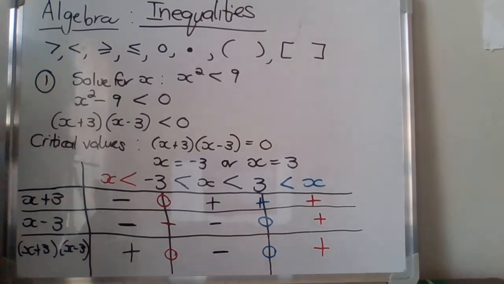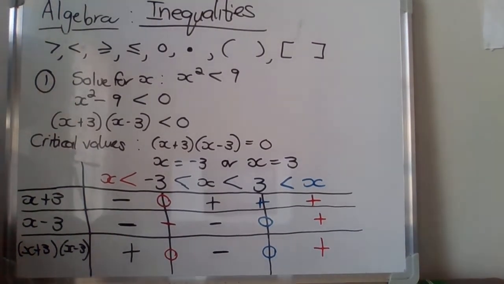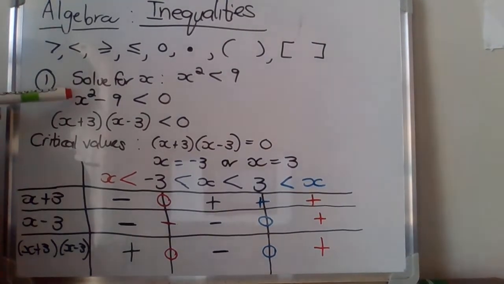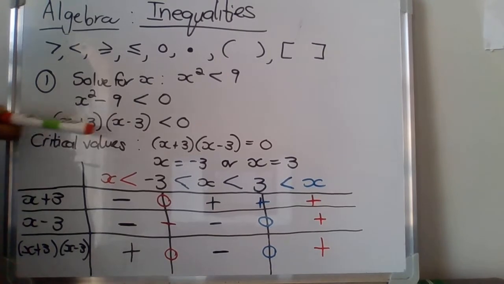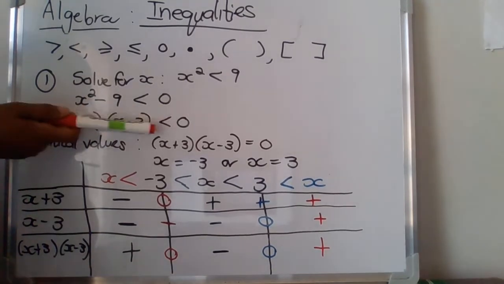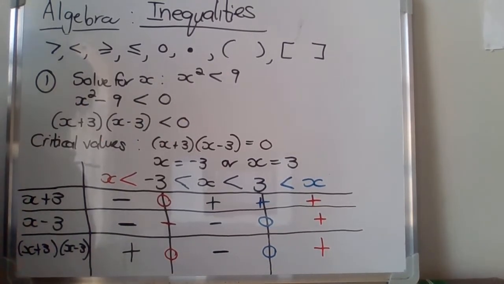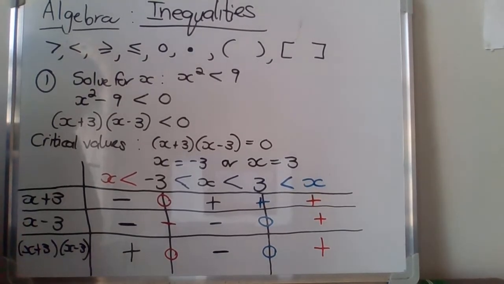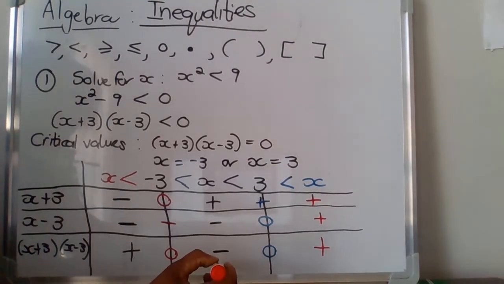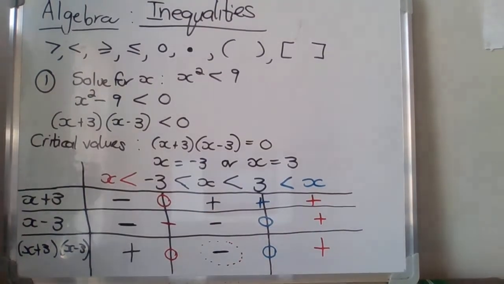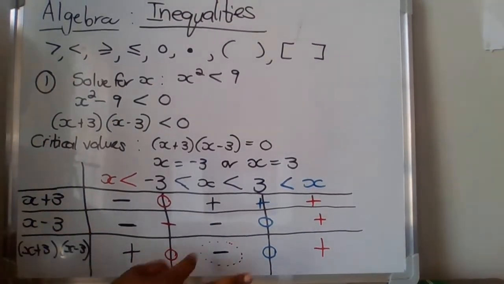Okay, so now that we have the sign table, we need to find the values that satisfy this inequality. So what does this inequality say? It says we are looking for the x values where, when you multiply the two values here, it's a value that's less than 0. And where do you find that the value is less than 0? If you look here at the bottom of your product, you find that it's less than 0 in this block here, because it's negative.